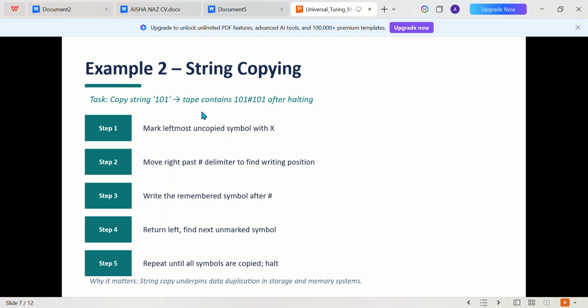That remembered symbol will be written on the position after the hash, and then return left, and this goes on till you are completed with all the symbols and reach this delimiter. Then you know that you have completed your task and the machine halts there, and we are good to go.